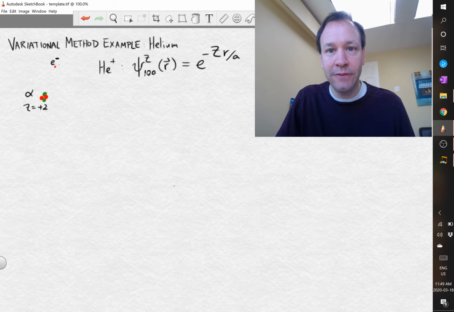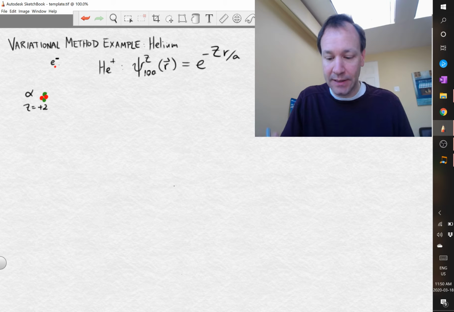So Z equals 1 for hydrogen. Now it's Z equals 2, but this applies to any atom with any number of protons. That's just an exponential decay in the radius.